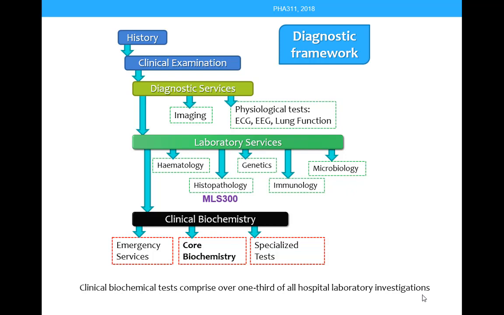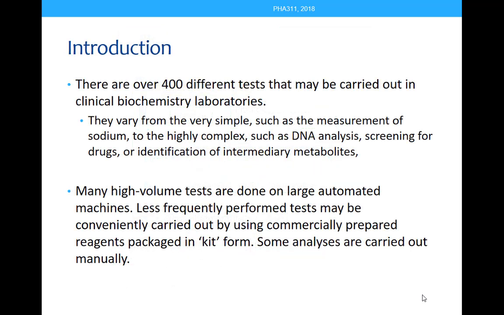Okay. Moving on, there are about 400 different tests that a typical clinical biochemistry lab can perform. The scope of our study in this unit is not to cover all those 400 tests. So we will look at actually a group of tests, try to understand their principles and how these tests can help us or inform us in making a proper diagnosis of the patient's problem.